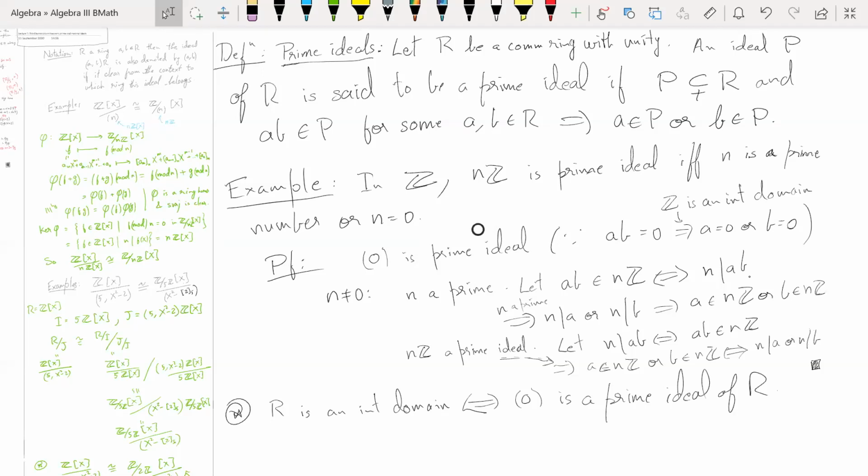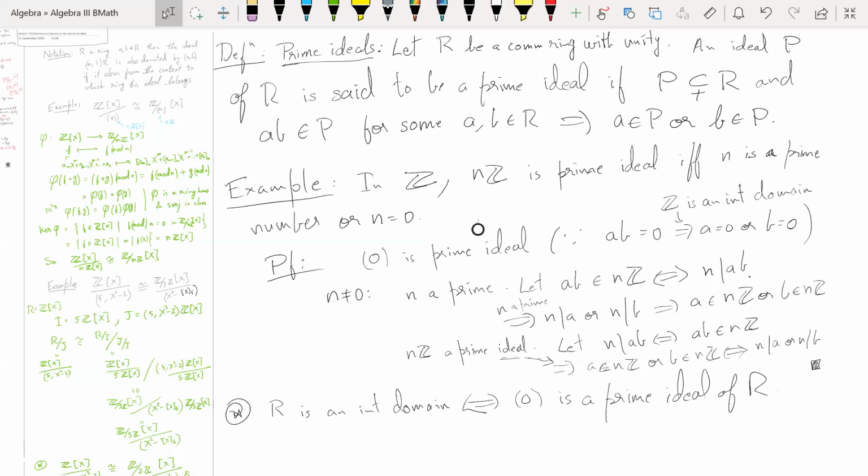You have to check that if a times b belongs to 0, it has to be equal to 0, since there is only one element in that ideal. But for integers, we know that if a times b equals 0, then a equals 0 or b equals 0. And hence a belongs to the 0 ideal or b belongs to the 0 ideal. So this definition is true, so it is a prime ideal.